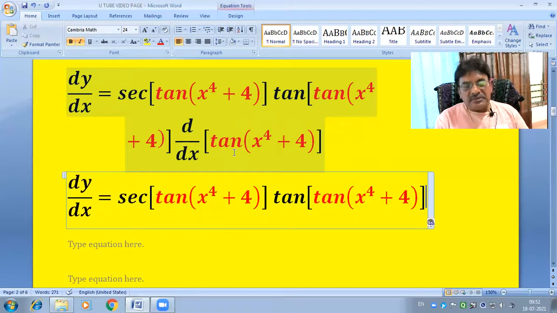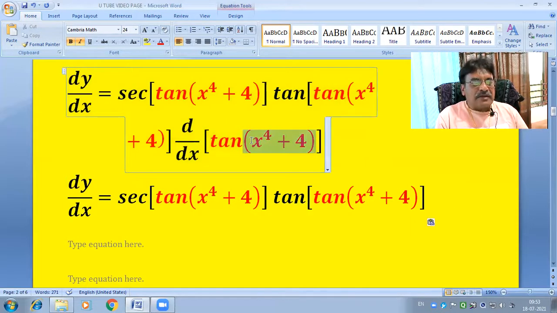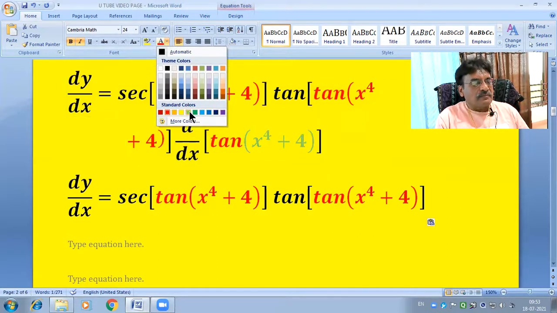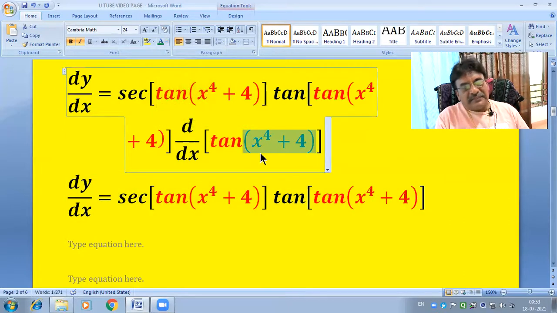So here we use the simple derivative formula, that is d/dx of tan f(x) is sec square f(x) into f dash of x. But here f(x) is replaced by x to the power 4 plus 4, that is the green color function.